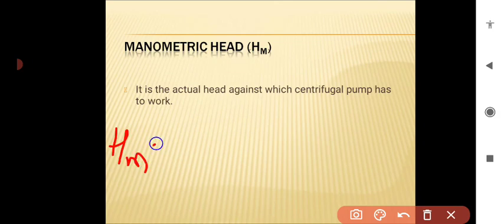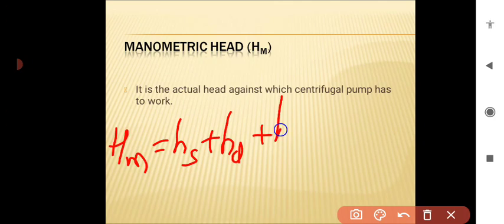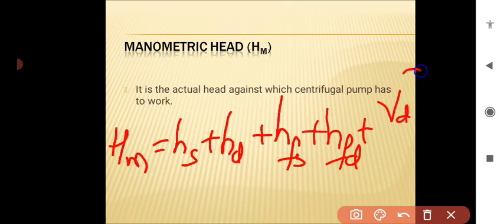Or the manometric head HM is equal to hs plus hd plus hfs plus hfd plus Vd square by 2g.